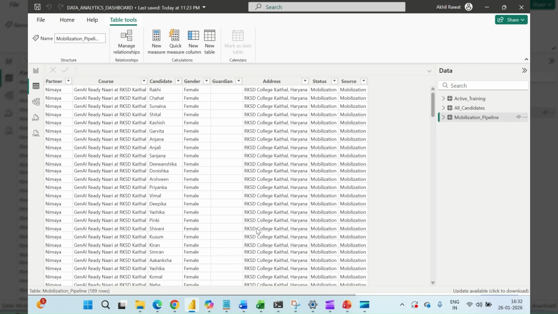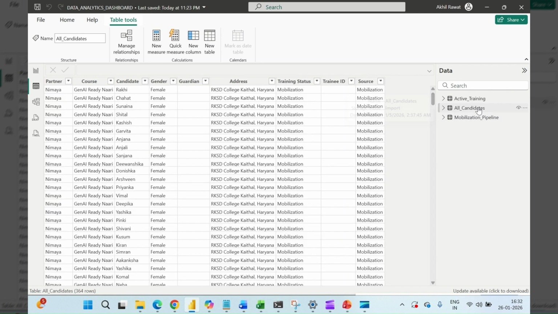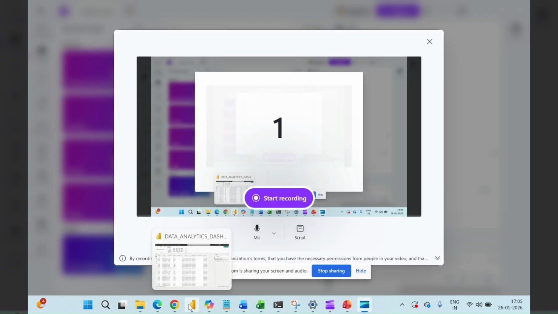Here you can see the mobilization pipeline table I made has 189 rows, and I consolidated everything into all candidate data. So 175 plus 189, you can see below on the left side, is 364. So there is total transparency. I'm not making this up. So let's discuss the KPIs now.